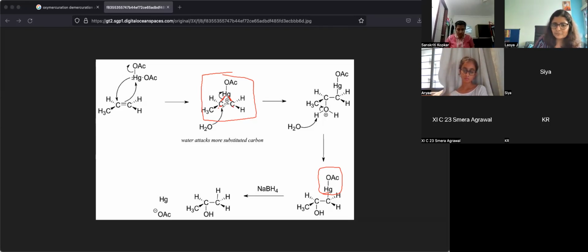So when water added here, oxygen is getting a positive charge, right? Because of the lone pair it donated to this carbon. So it pulls the pair of electrons from a hydrogen, which another water molecule takes. So you'll be left with OH.